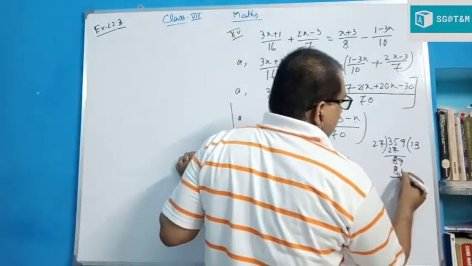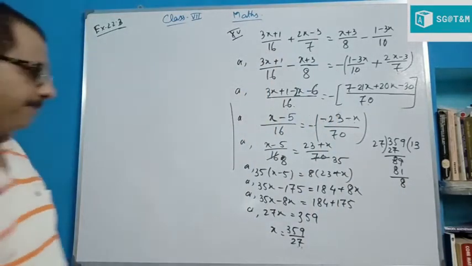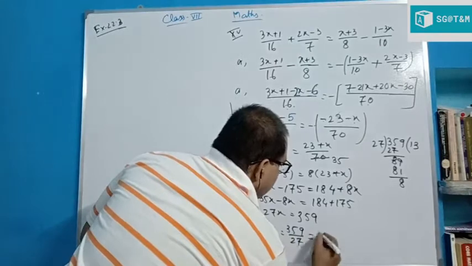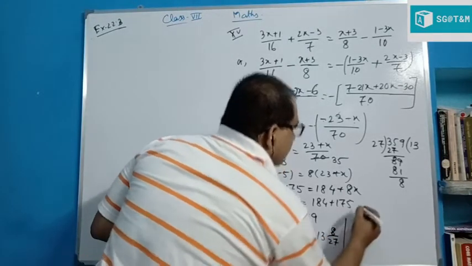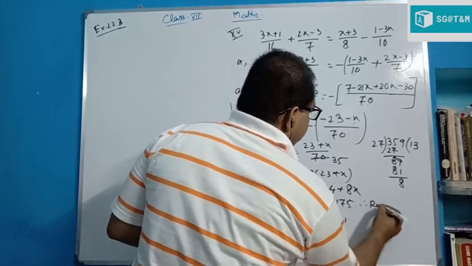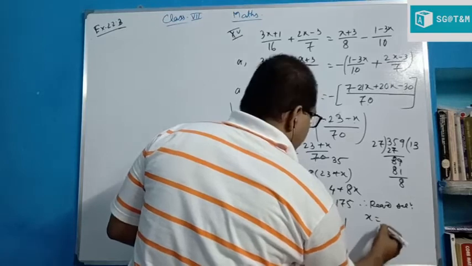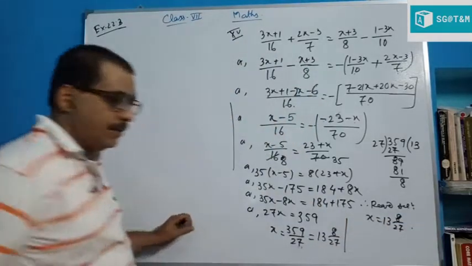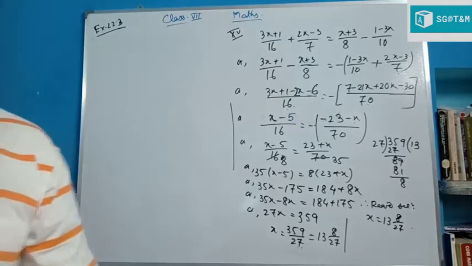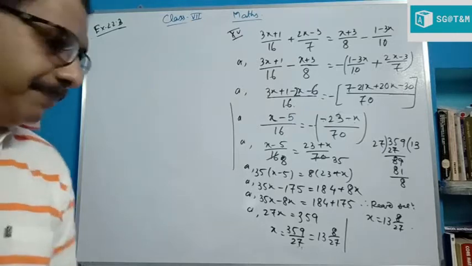So it will be how much? 8. 13 whole 8 by 27. Therefore, required solution: x is equal to 13 whole 8 by 27. Now it's okay. This is the required solution. Okay.